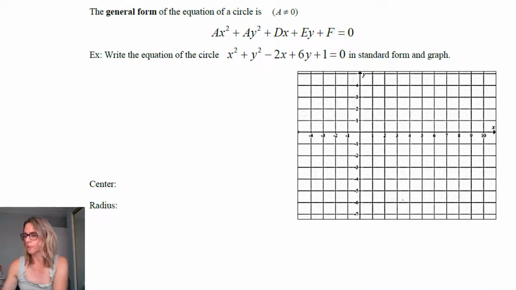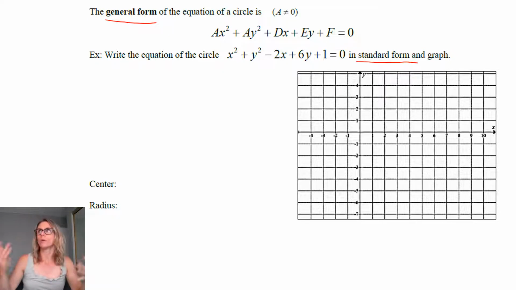All right, so a little more with circles is that you might actually see a circle that is in general form instead of the form that we saw on the first part, which is standard form. So this is general form. What we saw before is standard form. When you look at the equation of a circle in standard form, you're like, boom, circle, boom, radius.